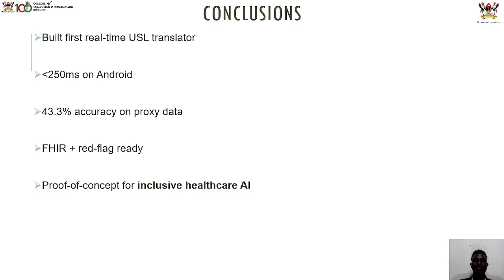In conclusion, we have built the first real-time Uganda Sign Language translator, working in below 250 milliseconds on Android, with 43.30% accuracy on proxy data. It's a proof of concept for inclusive healthcare AI.